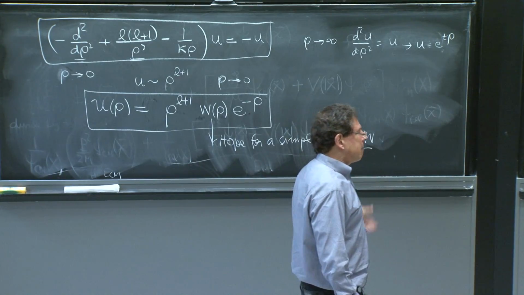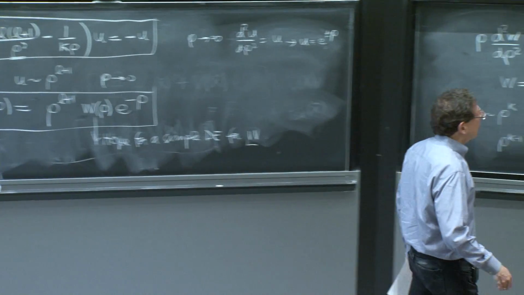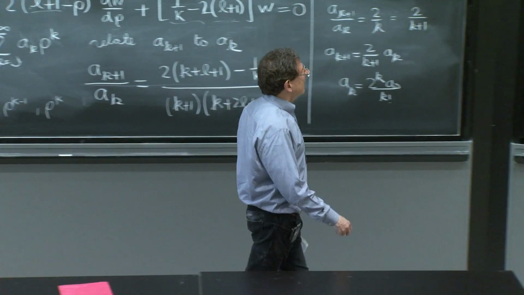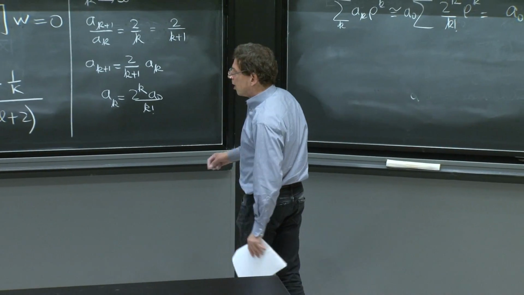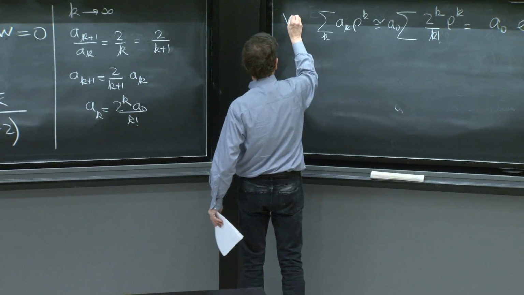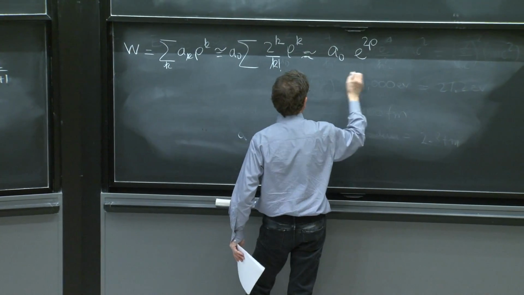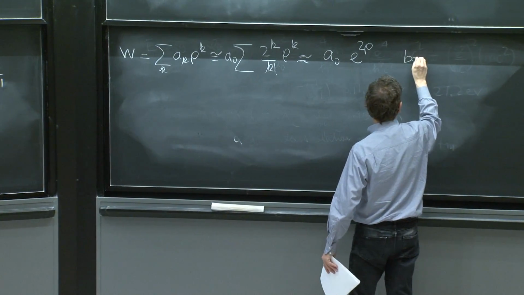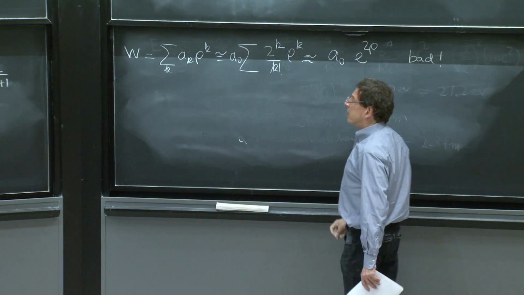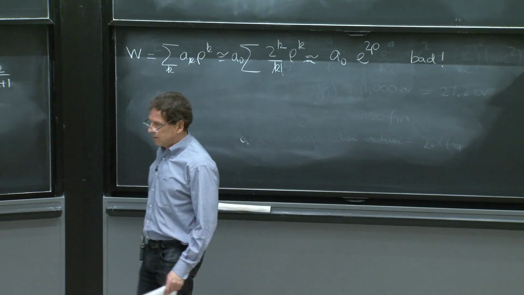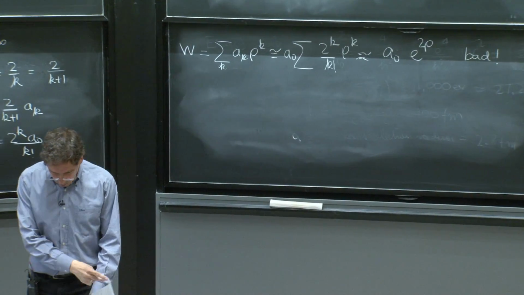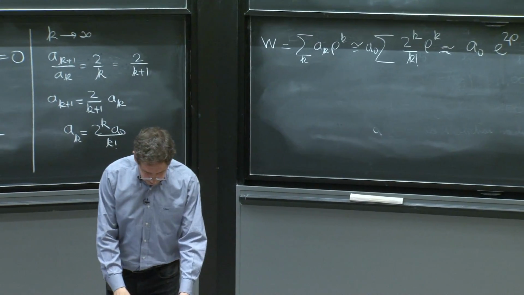It's happened for the harmonic oscillator. So what this is saying is that W, which is this, would go roughly like that, and that's bad. So the series must truncate. So we must truncate the series.